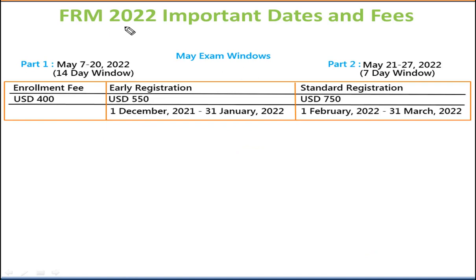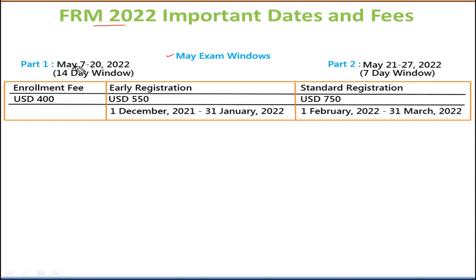Alright, so now we're going to be looking at the important dates and fees of FRM 2022. The May exam window is the very first exam window that we have for FRM Part 1, and the Part 1 exam would start from May 7th and go on till 20th of May.